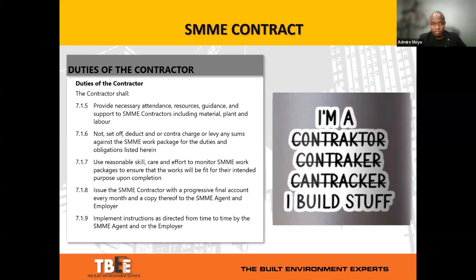7.1.6 is very important. The issue of set-offs and deductions and contract charges and all of that. In my experience, in terms of litigation or cases where people are now threatening to kill each other or do all of those crazy things, it basically mostly emanates from contract charges. Most of them may be justified: you've used my crane as an SMME contractor, or you've used my scaffolding and so on. But the dynamic of our construction industry is that those things are often implied and they're not said or indicated expressly, or there's an assumption of understanding to say, but you've used my scaffolding, therefore there's a cost element.